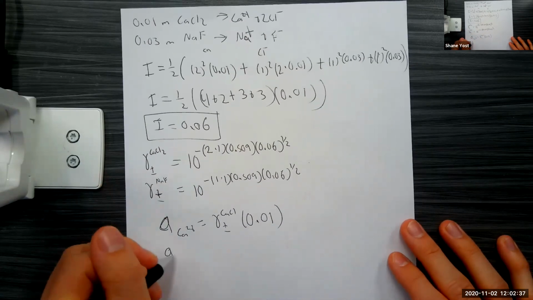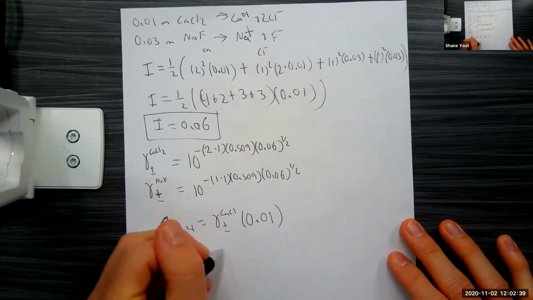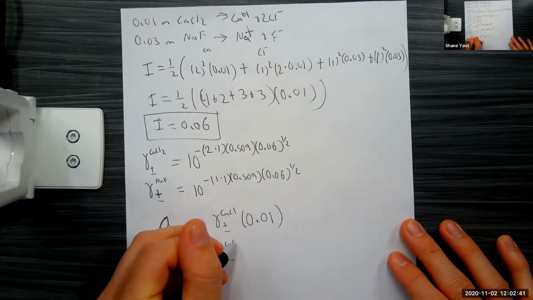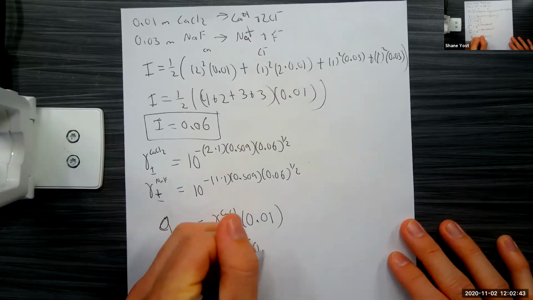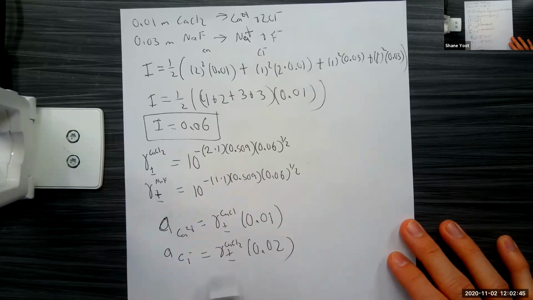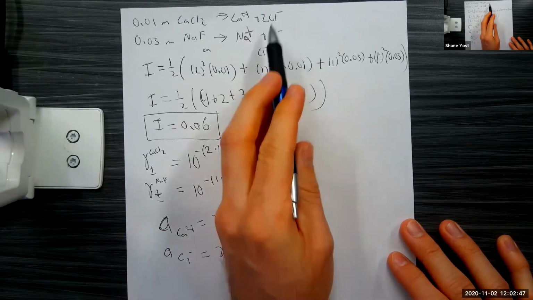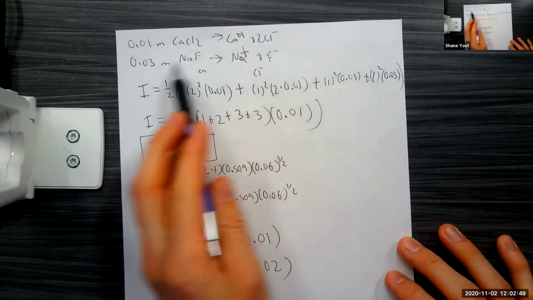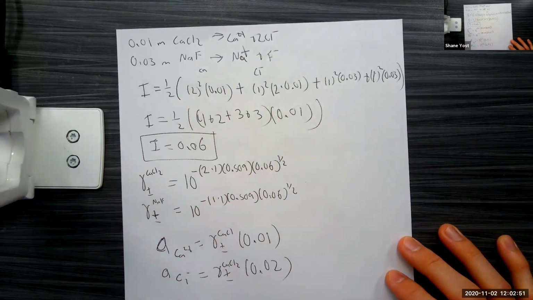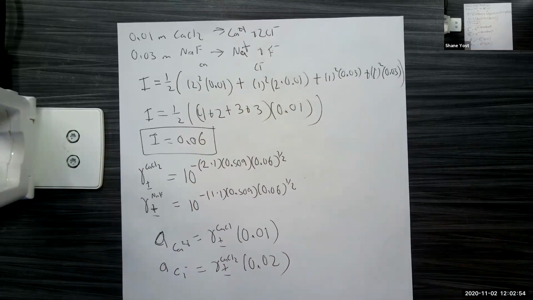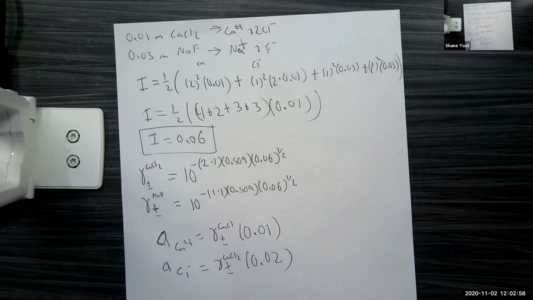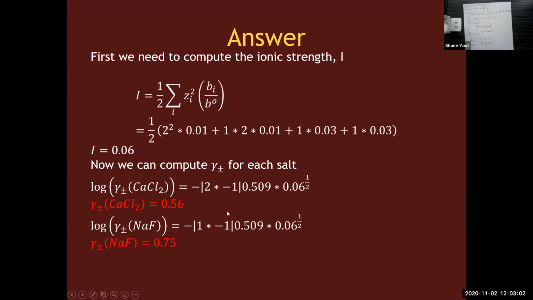The activity of chloride is the mean activity coefficient of calcium chloride times 0.02, because I get 2 chlorides from the calcium chloride, so the concentration is 0.02, and so on and so forth. So flipping back to the slides here.